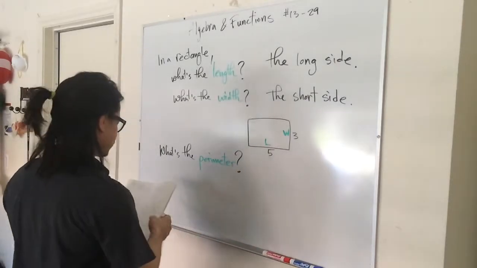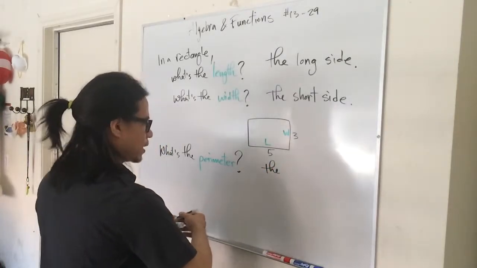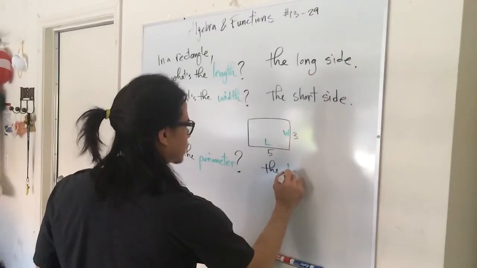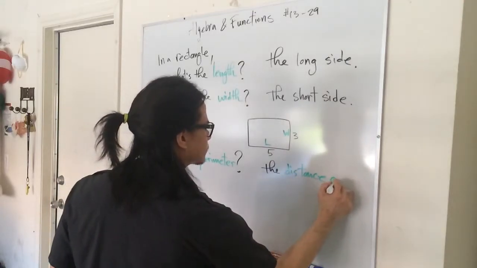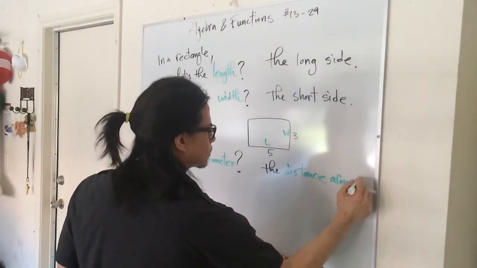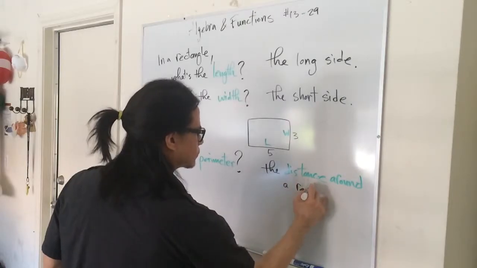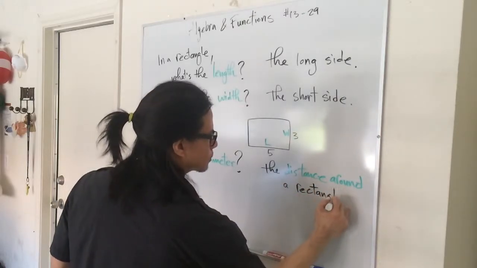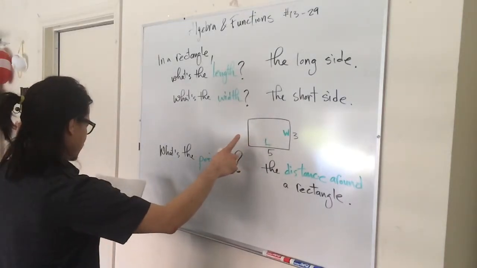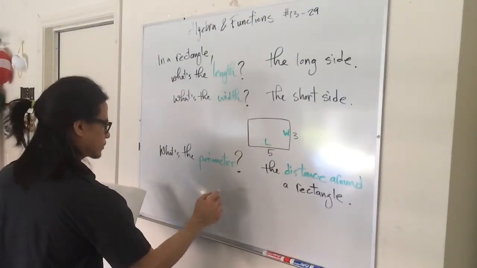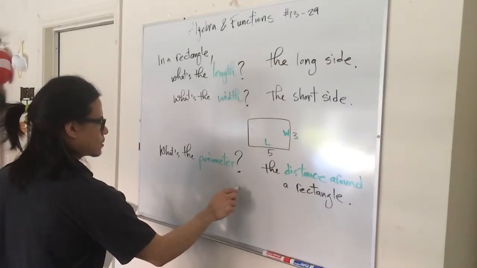Okay. This is the distance around a rectangle. Okay. So for this one here, it's going to be the distance around.